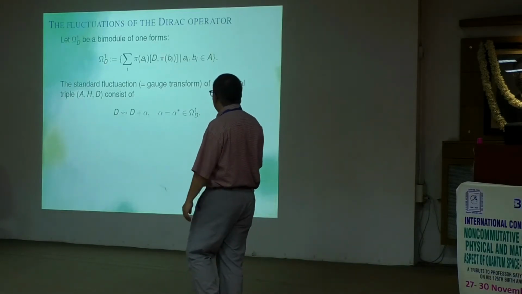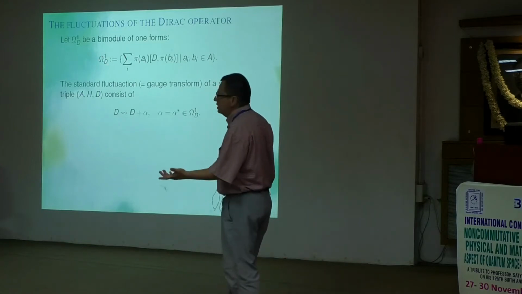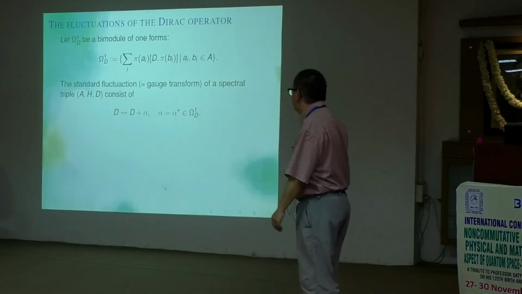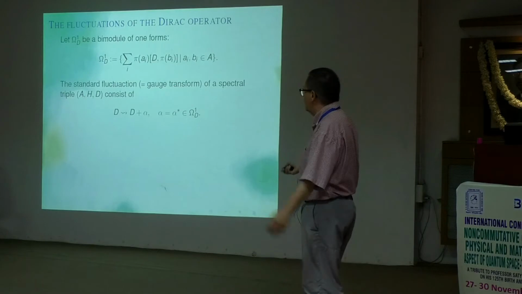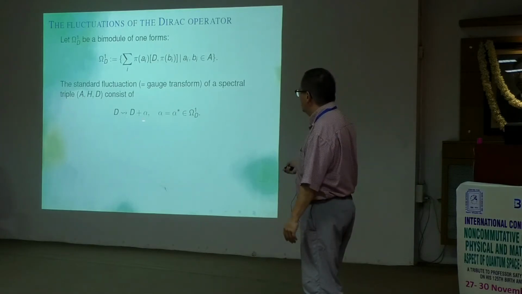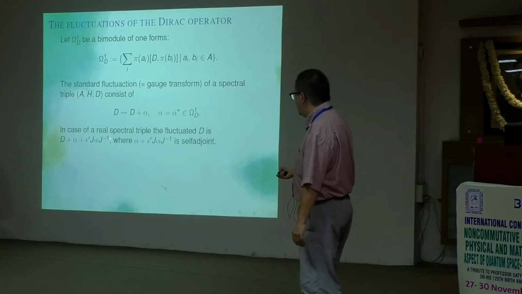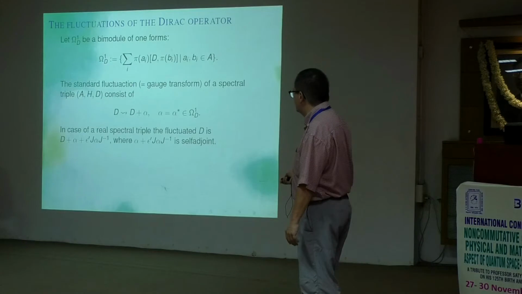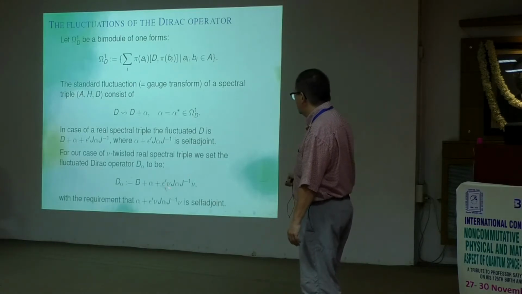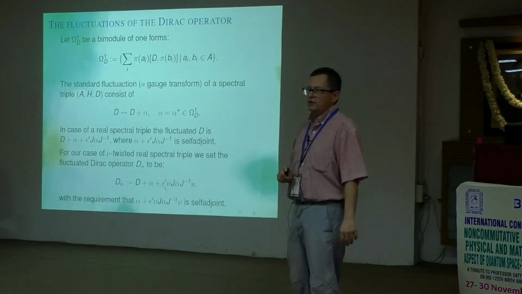Basically, you define the bimodule of one forms to be generated by the commutators. And if you modify the Dirac operator by adding this one form, classically you add the one form and its image in the commutant; here you add the image in the commutant which is twisted.